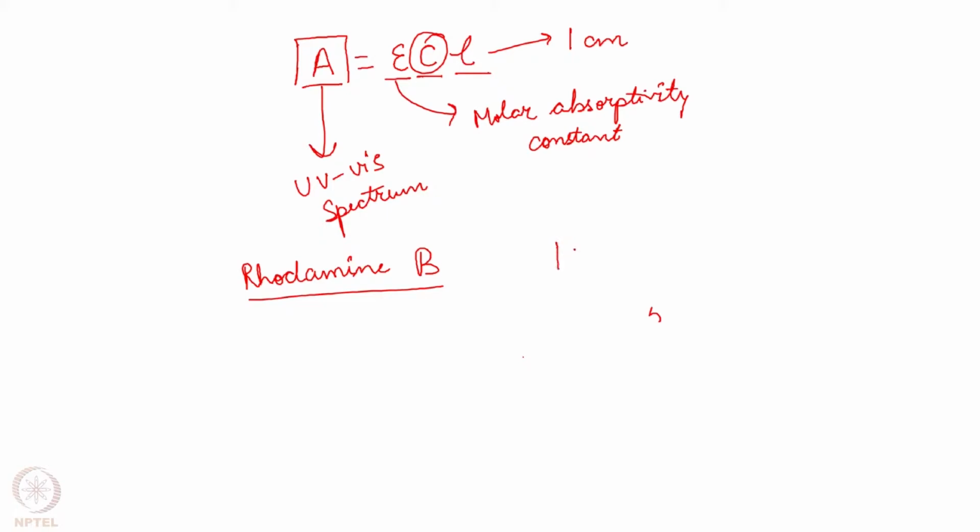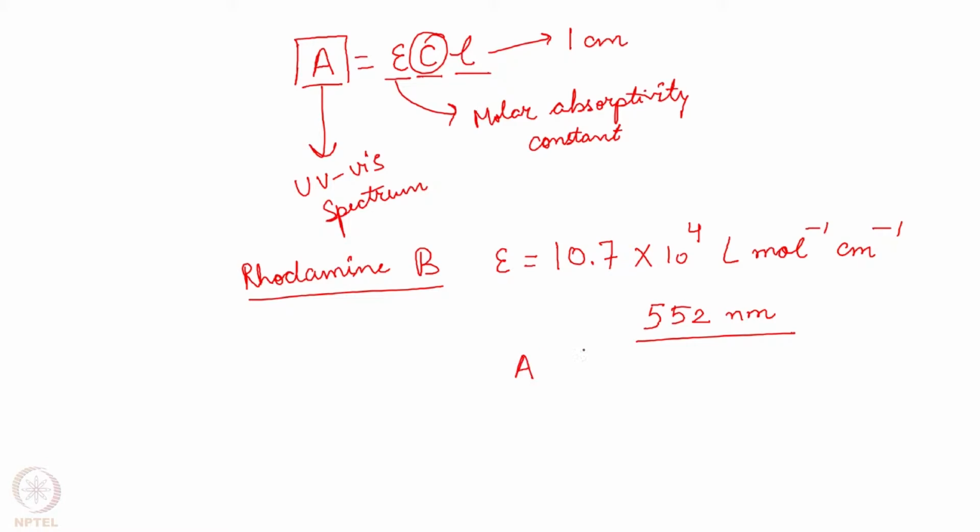The value for rhodamine B as given in the literature is 10.7 × 10^4 L mol^-1 cm^-1. This value is at 552 nanometers. If we measure the absorbance at this wavelength, we can easily calculate the concentration of the solution.